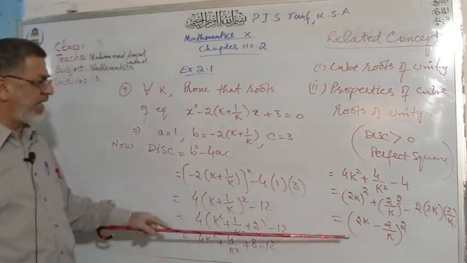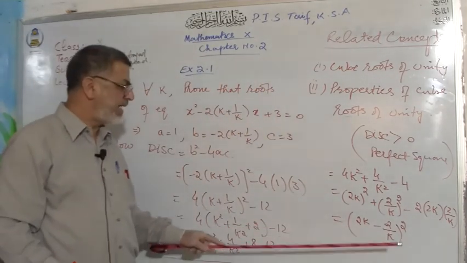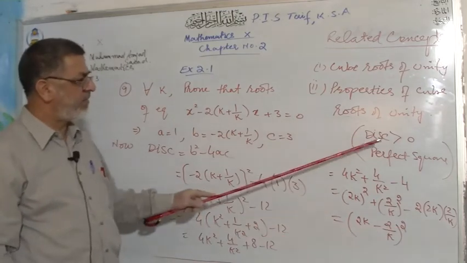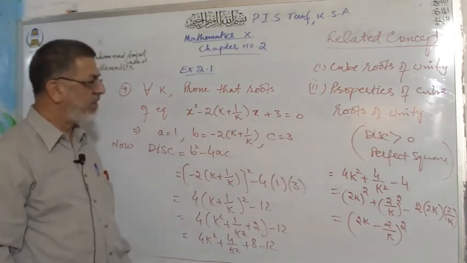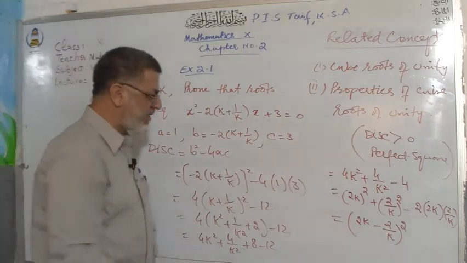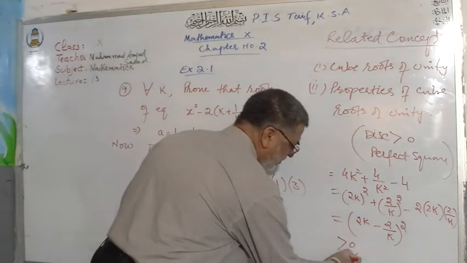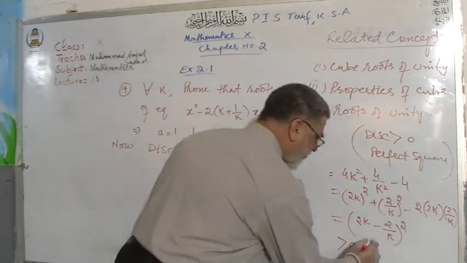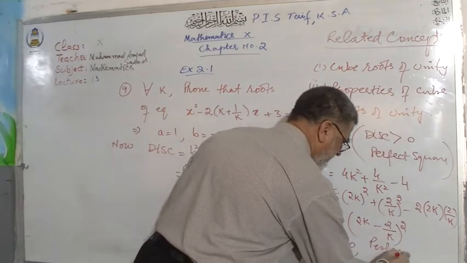Dear students, again I am telling you that square can never be negative. It is always positive. And definitely it is a perfect square. Greater than 0, perfect square.